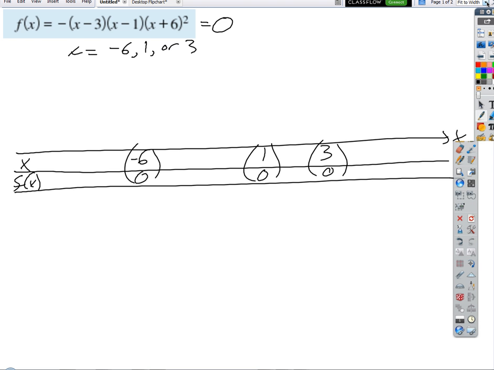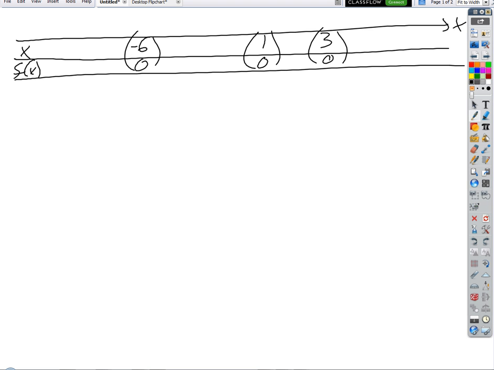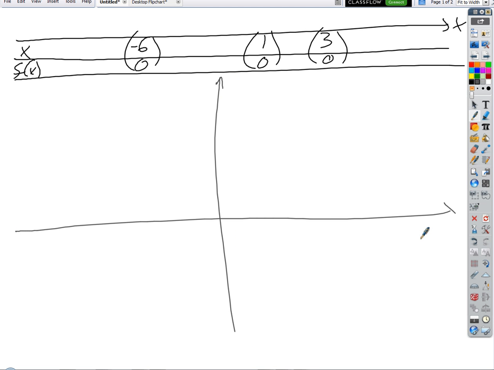So we can already start to build our sketch a little bit, right? So let's see, y-axis, go right about there, I guess. Okay, so there are our 3 x-intercepts.